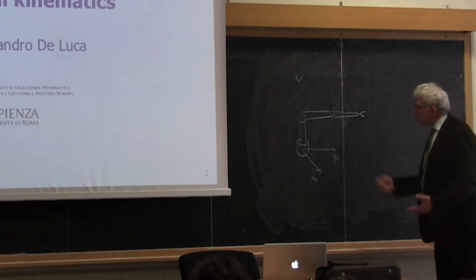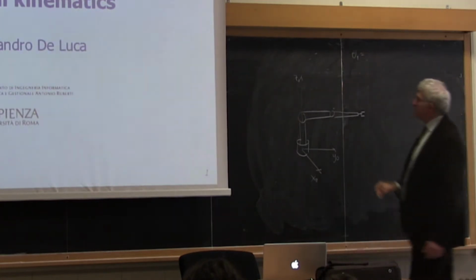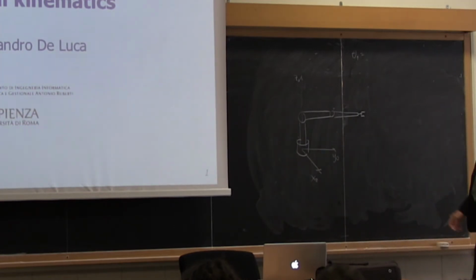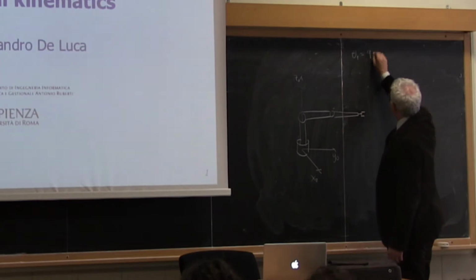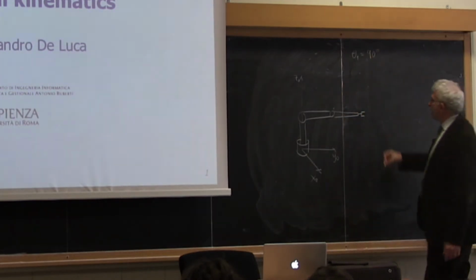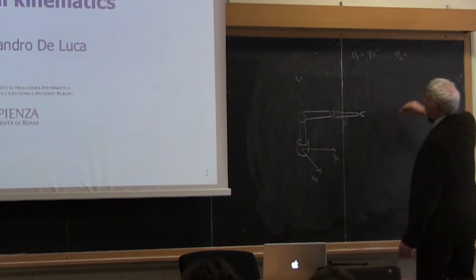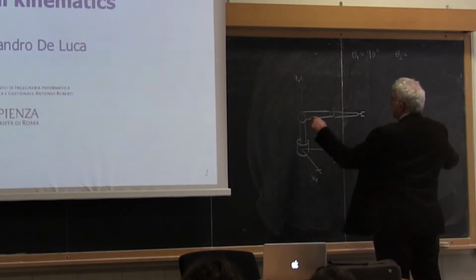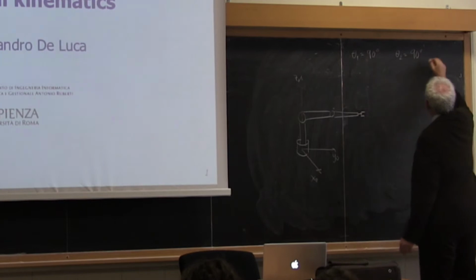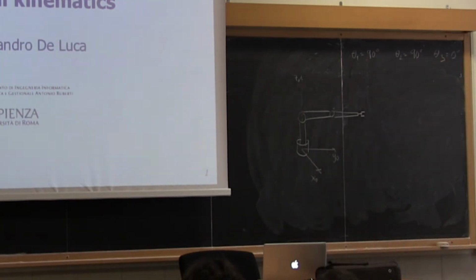And maybe the configuration of this arm in this situation is, let's say, 90 degrees for the first joint angle. And then theta 2 equal, let's say, 90 degrees, and then theta 3 equal 0. Okay?